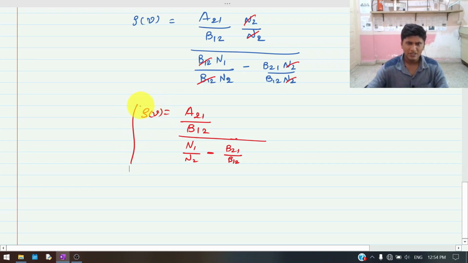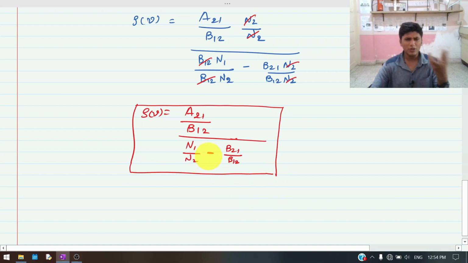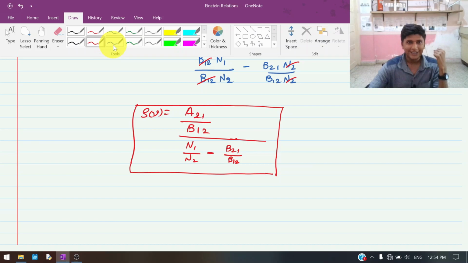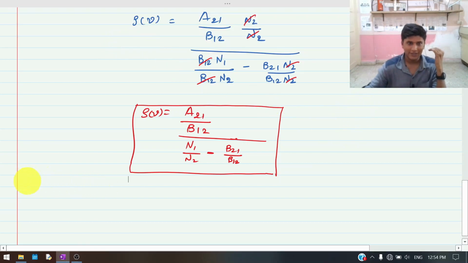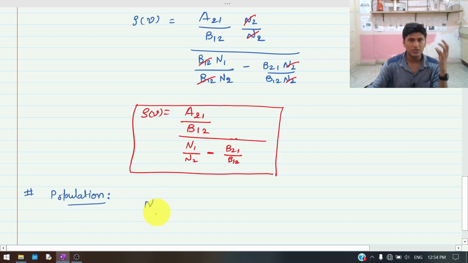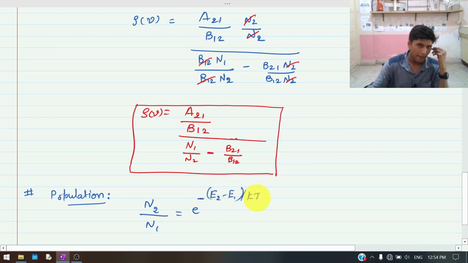This is a big ugly looking equation. Probably you don't like to look at it this way, or probably you like to look at it this way, but we have to understand one more thing now: the populations of the levels are related by the Maxwell-Boltzmann equation, and that equation is N2 by N1 equals e raised to minus (E2 minus E1) divided by kT.